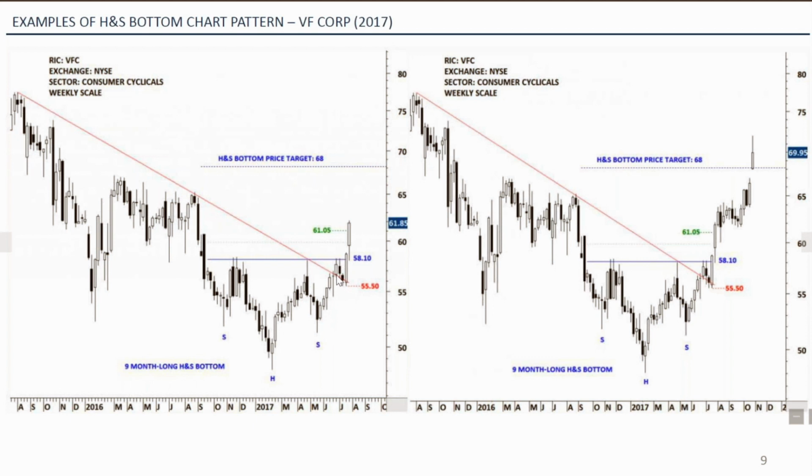And the breakout not only completed the head and shoulder bottom, but also breached a downward sloping trend line. So the idea of a head and shoulder bottom is to reverse an existing trend. The only way that it can reverse an existing downtrend is if there is a downtrend.